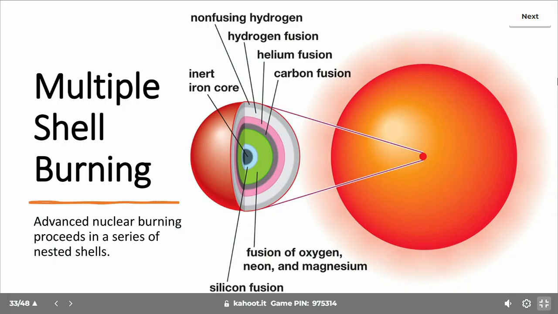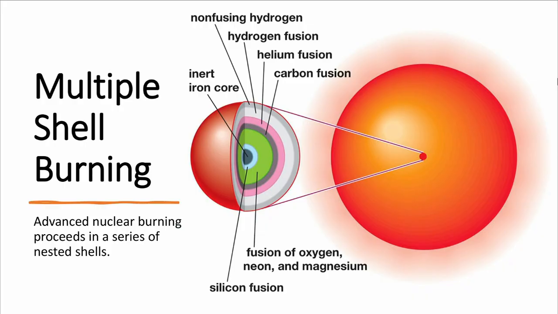And as this is happening, there are several different fusion reactions going on all at the same time. So you get these different shells. We've got still our hydrogen burning shell, then helium burning, carbon burning, silicon burning, neon, magnesium burning, and then you'll get down to a core of iron.